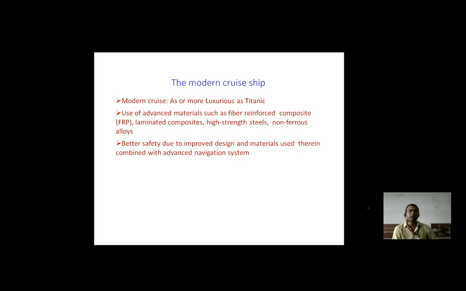So now the modern cruise ships are as luxurious as the Titanic. After the Titanic, they learned and executed improvements to the properties of the material. They use advanced materials such as fiber reinforced composite FRP, laminated composites, high strength steel, and non-ferrous alloys, with better safety due to improved design and materials, combined with advanced navigation systems.